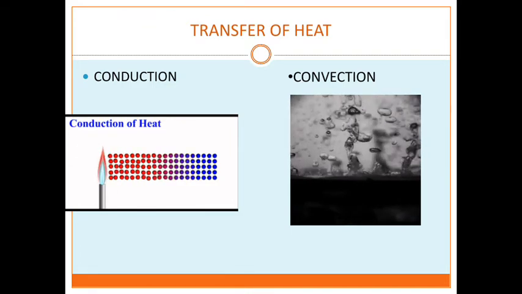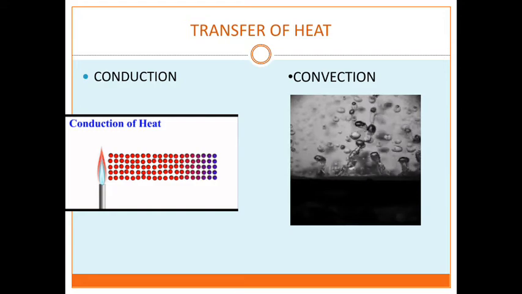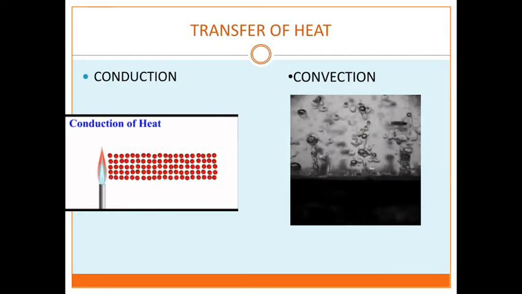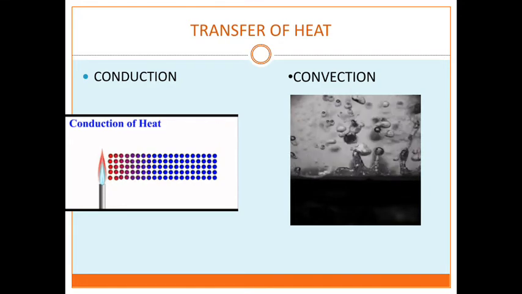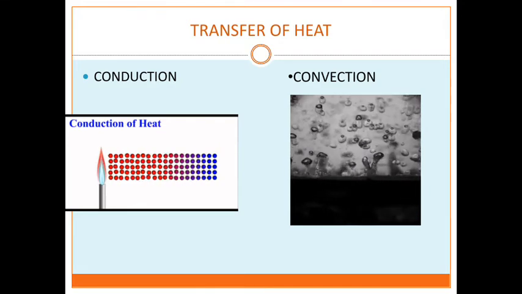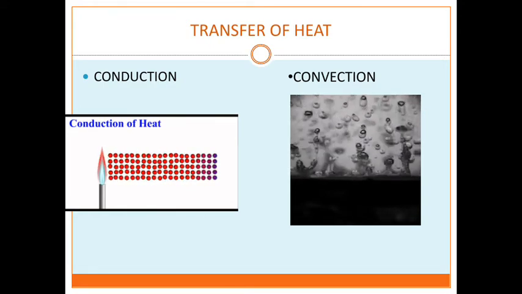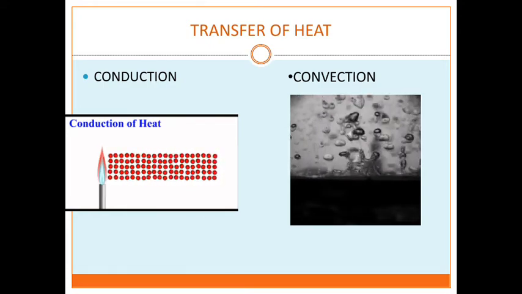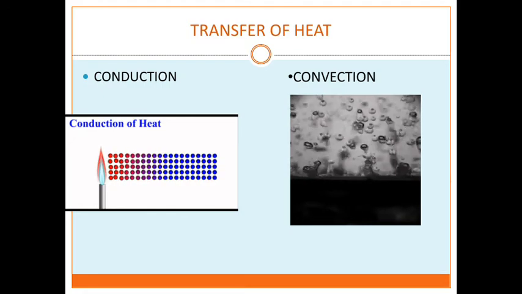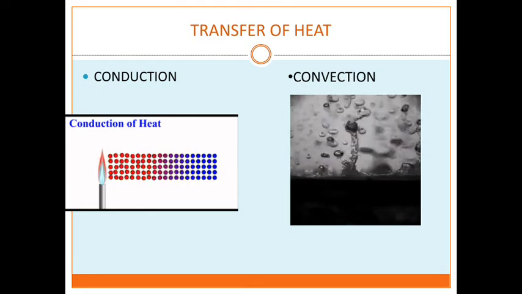Conduction takes place in solids, convection takes place in liquids. A day-to-day application of convection is wind blowing from one region to another. Another example is hot air balloons, where heat is transferred by convection.